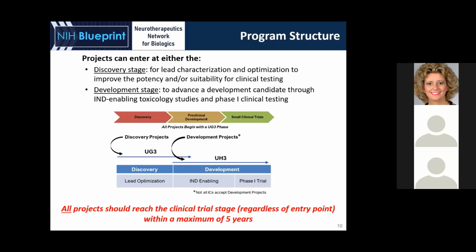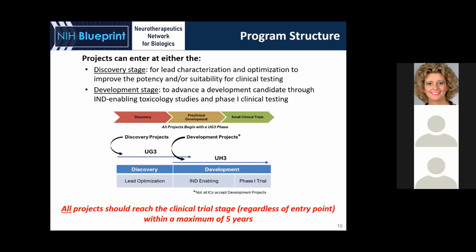So if you look at the discovery stage, it primarily encompasses activities associated with lead optimization, while the development stage is utilized to advance a development candidate through IND-enabling toxicology studies and the phase 1 clinical trials.